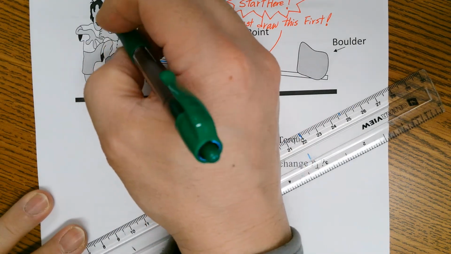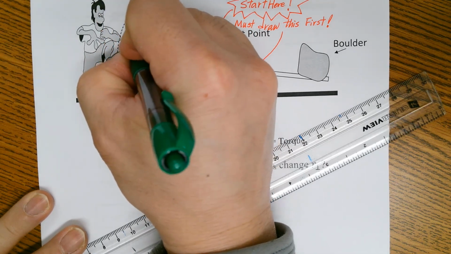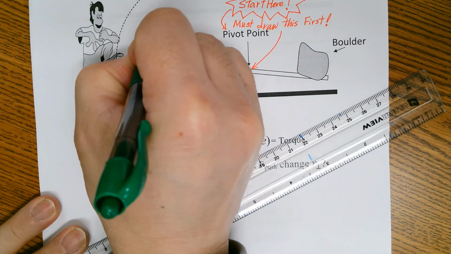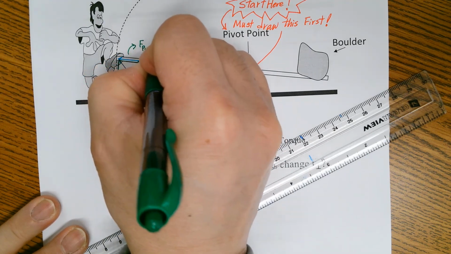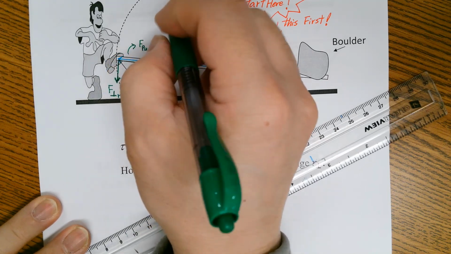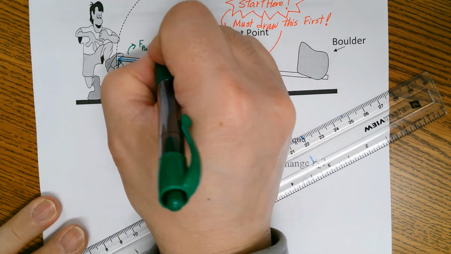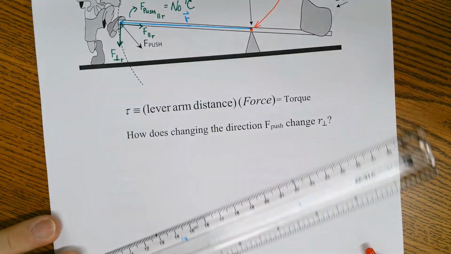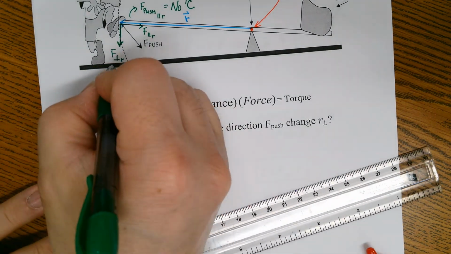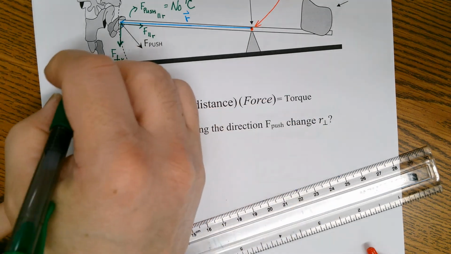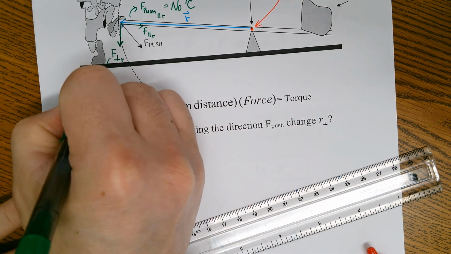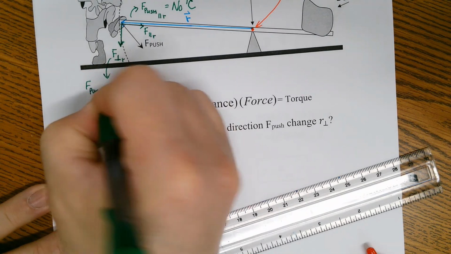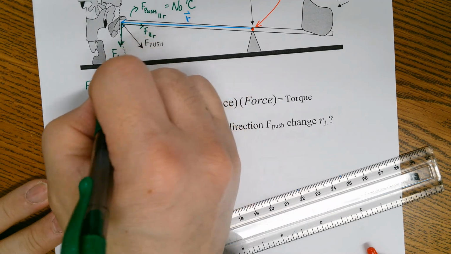Okay, so this F push parallel to R does no torque. This force, however, this F push perpendicular to R, will give you the maximum torque.